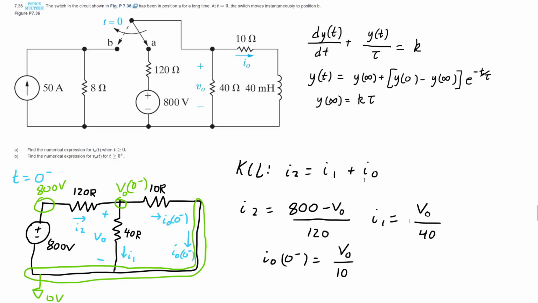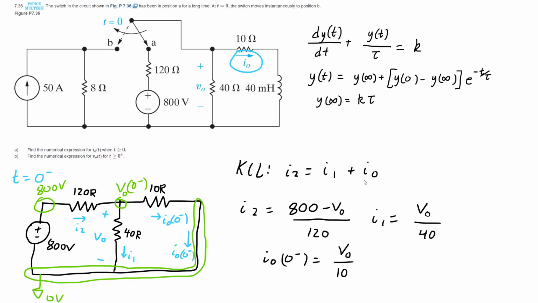This problem is a little bit different than the other one, where we have to find I0(t) and V0(t). I0 is this current, and V0 is this voltage, as described in the diagram. And when we get to finding I0(t), we're going to use the same kind of trick, kind of like the shortcut that Reza shows you guys.